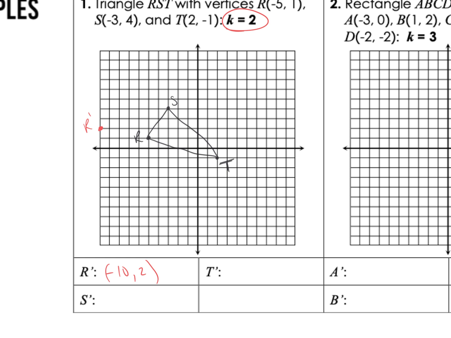S becomes what? (-6, 8). And T becomes (4, -2).